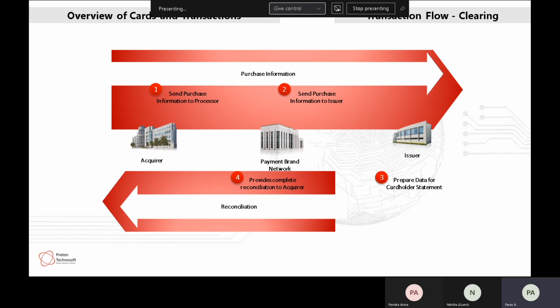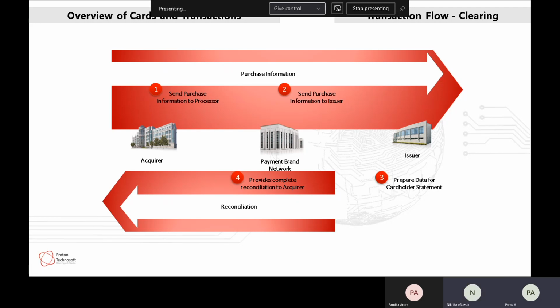Then that 100 rupees gets into a dispute and that value gets put on hold for the merchant account. So the merchant doesn't get that money till all three entities come to a consensus. That money will be kept as pending for the merchant account, which is with the acquirer.